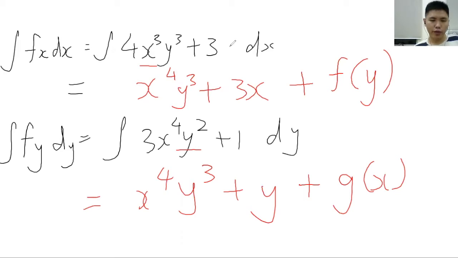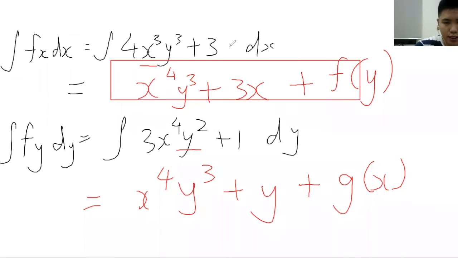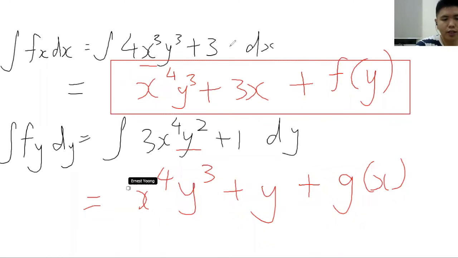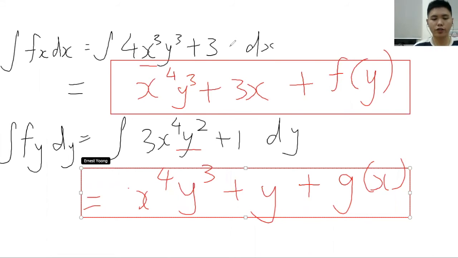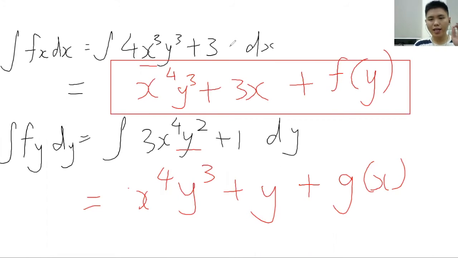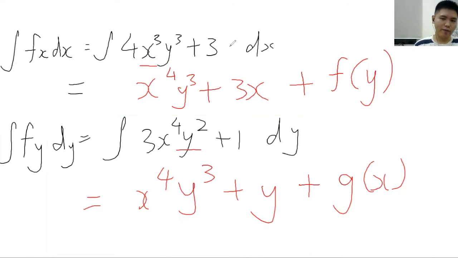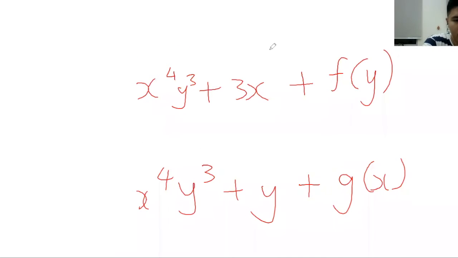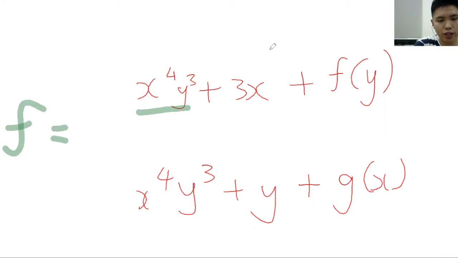And as we know, this is the potential function, and this is also the potential function, but there are slight differences between them. So in order to get the potential function, these two are the same, so we just copy one time and don't repeat.